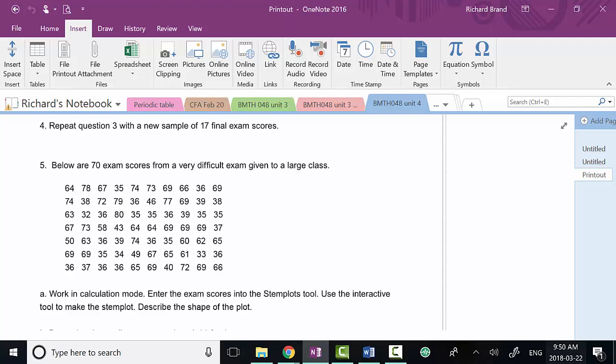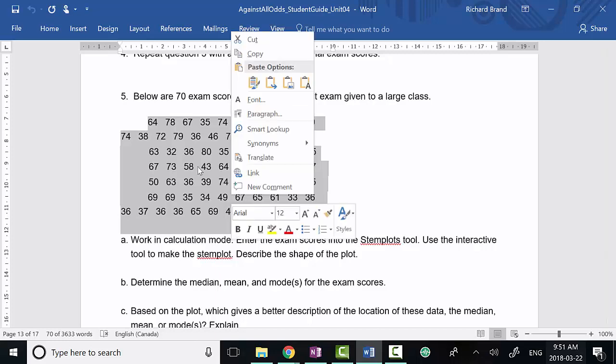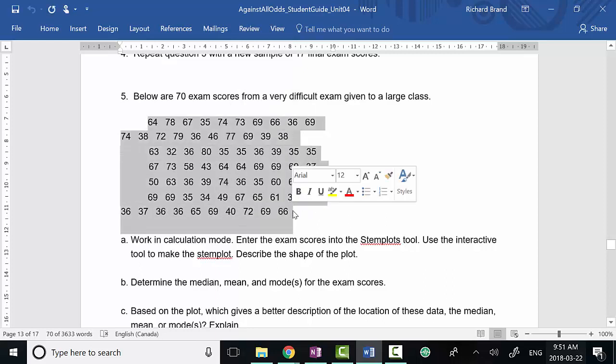So what you need to do is take the PDF that's in Moodle, save it to a drive, open it up with Word, find question 5 in the Word document, and then copy this and paste it into the stem plot tool. So I'm in Word now with the information. I've got it highlighted, and I'm going to copy it to the stem plot tool.